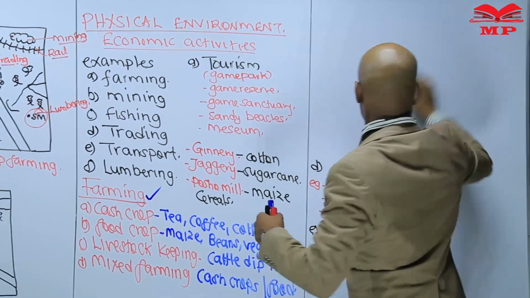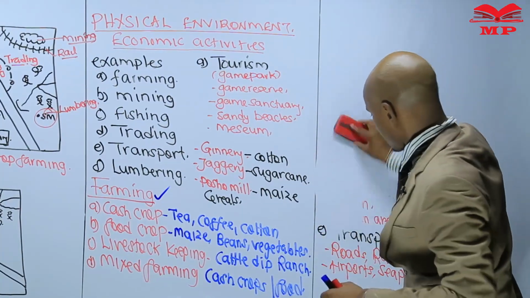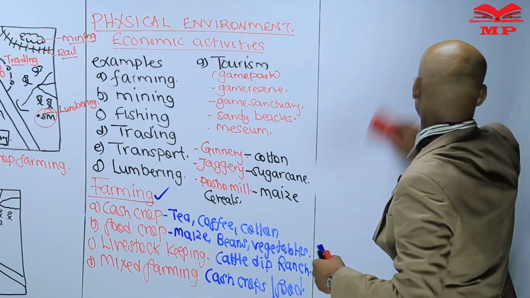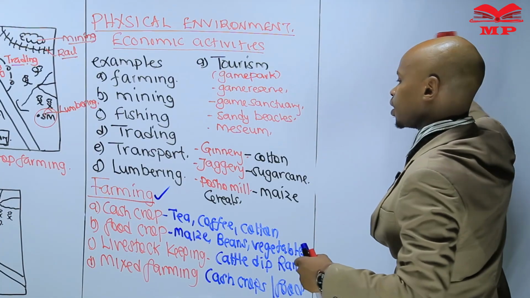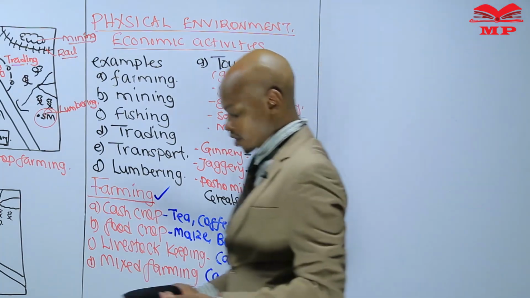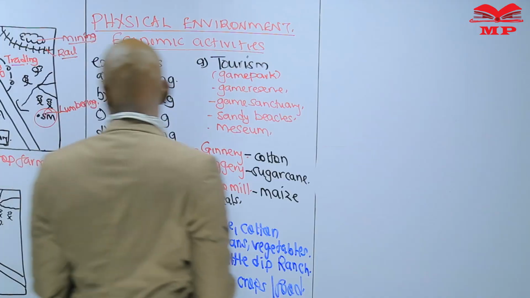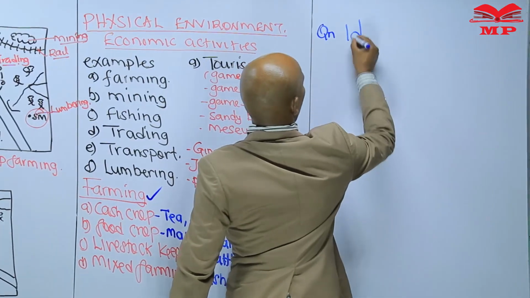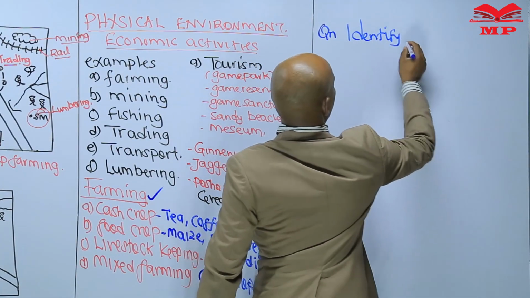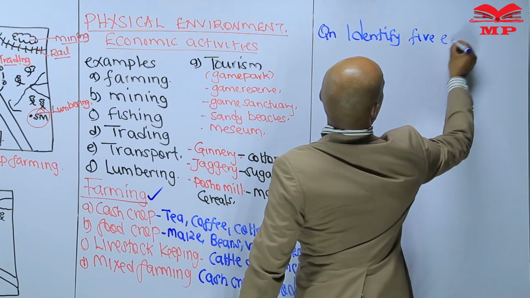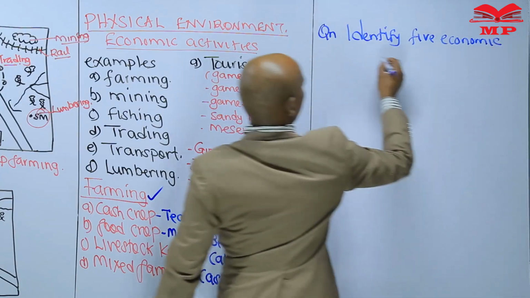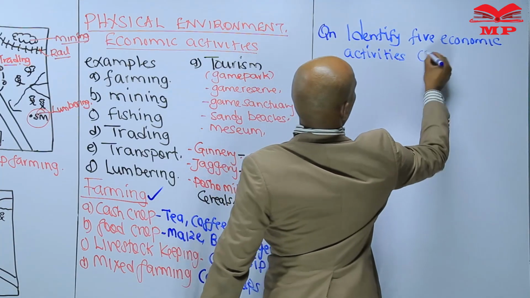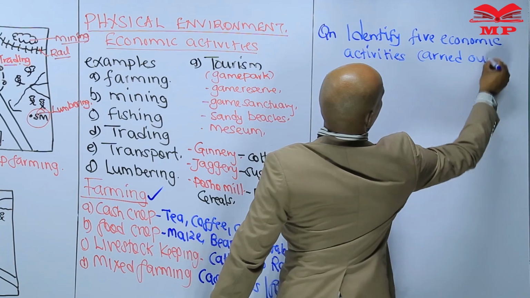Identify at least 5 economic activities carried out in the map.